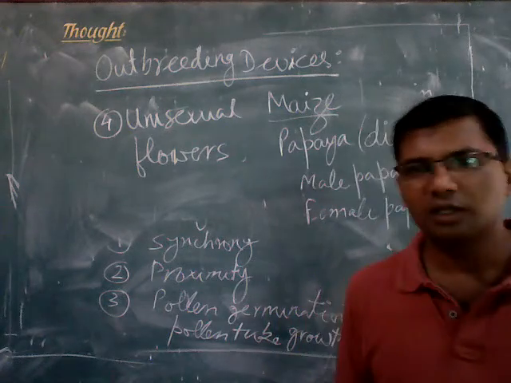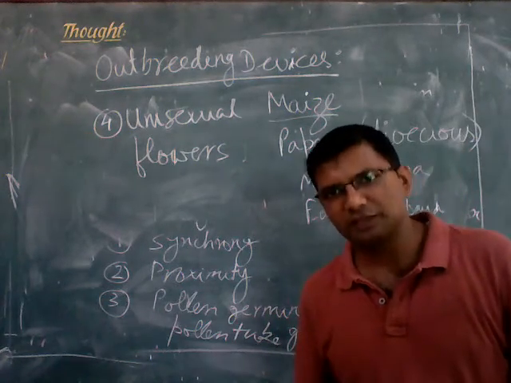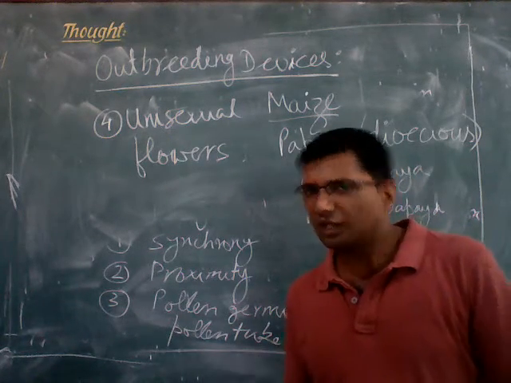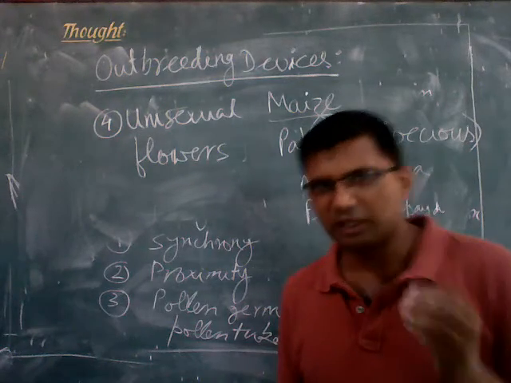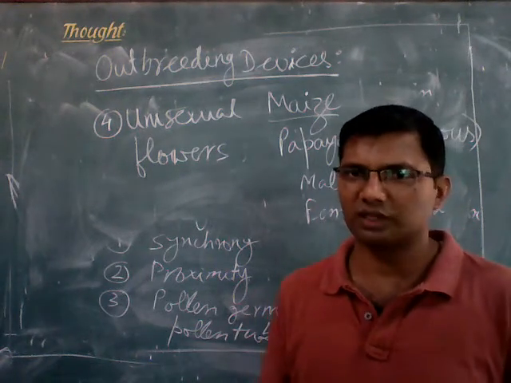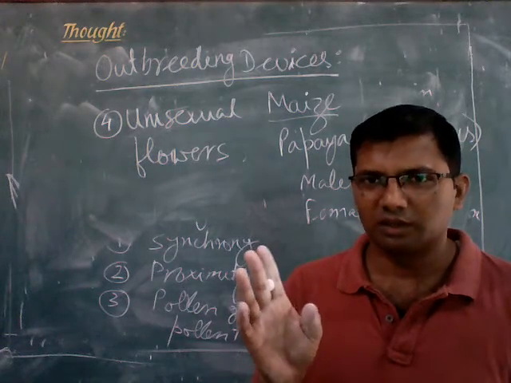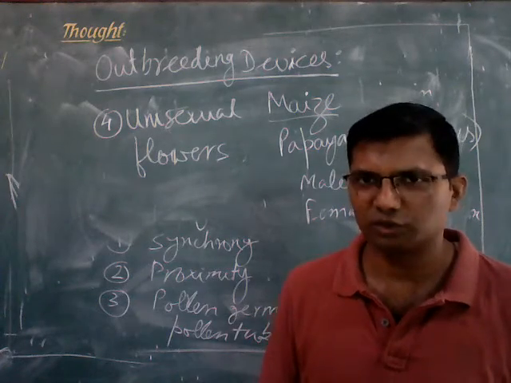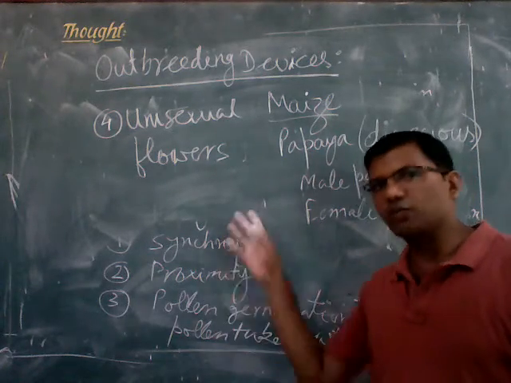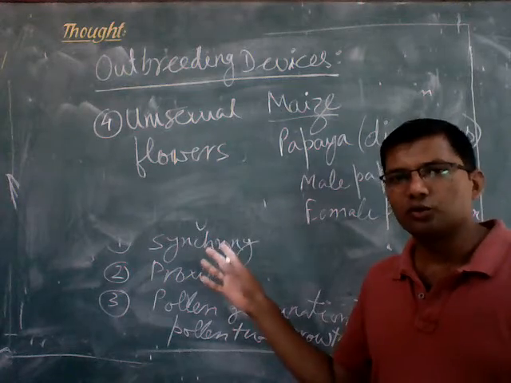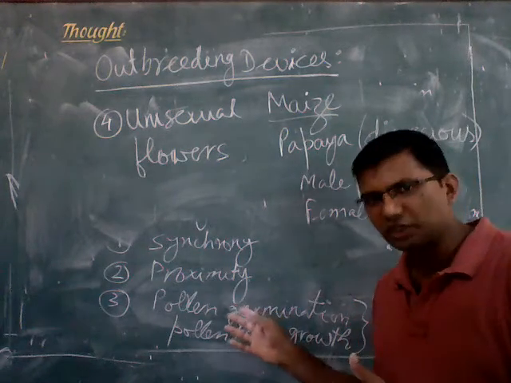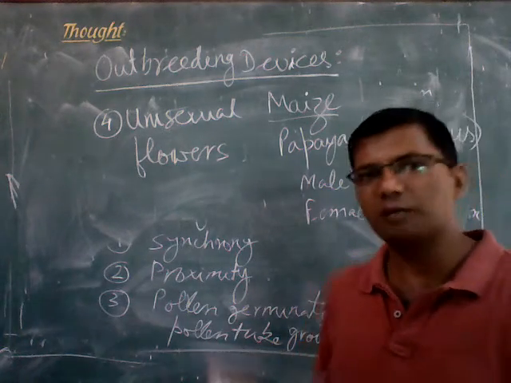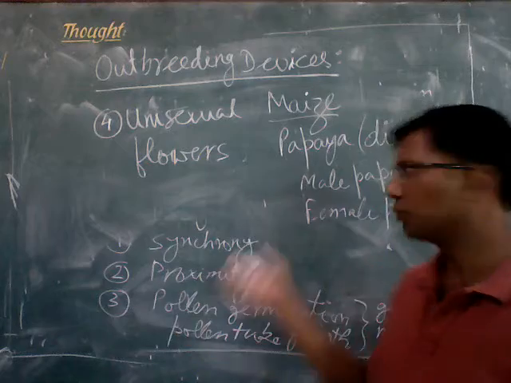And the last one is the evolution of plants where one plant bears only one kind of flower, male or female. That means dioecious plants bearing unisexual flowers. There is no possibility of self-pollination, autogamy or geitonogamy at all in those situations. So these are the devices which help to avoid inbreeding depression, which help to avoid continued self-pollination, and which help in outbreeding. So these are the outbreeding devices.